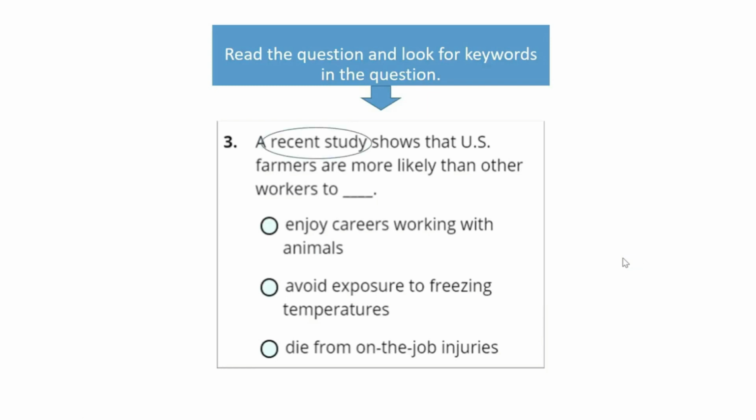So we're looking for the paragraph that is discussing a study. And it has to be a study in the US, United States, to do with farmers. And possibly a mention of other workers too. So these are the keywords in question 3. And we now have to use these keywords to identify the paragraph that we need to focus on in order to get the answer.